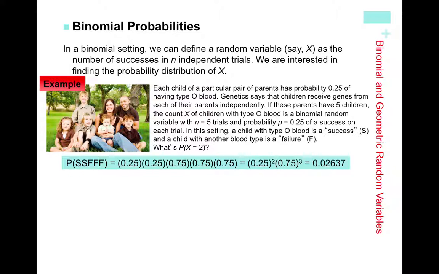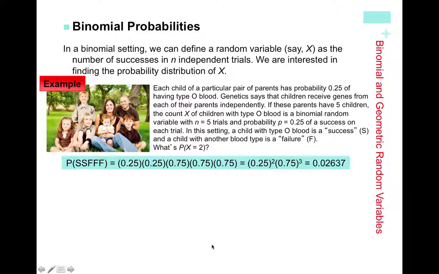To find the probability of a specific 2 of the 5 tries, let's say the first 2 are the successes: success, success, and then the last 3 children don't have type O. So fail, fail, fail.